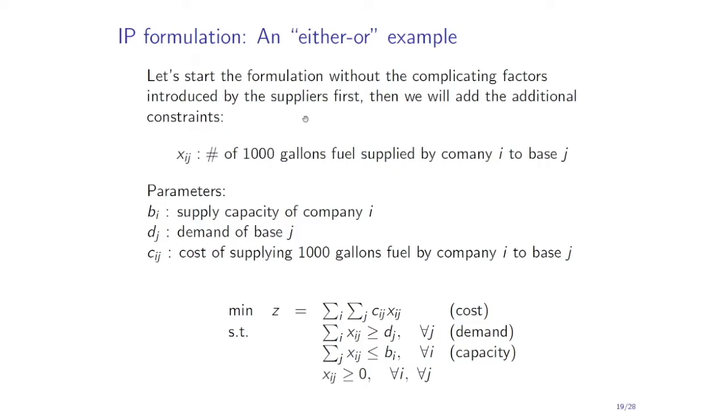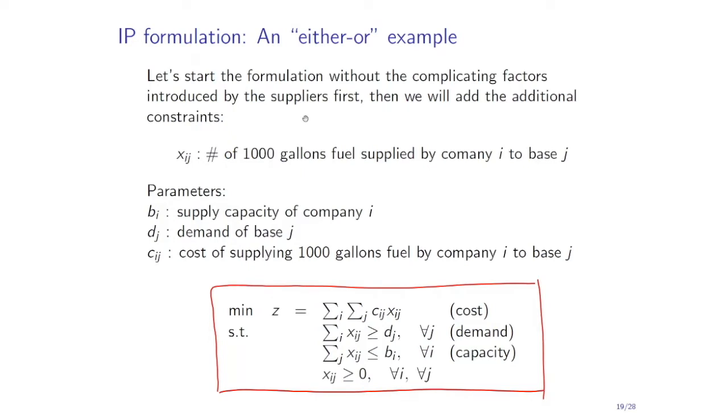Like before, in order to have a compact formulation, let me introduce some parameters. I denote the production capacity of company i by Bi, the demand of base j by Dj, and the supply cost from company i to base j by Cij. Then it is easy to see that this is the basic formulation without considering the complicating constraints, right?